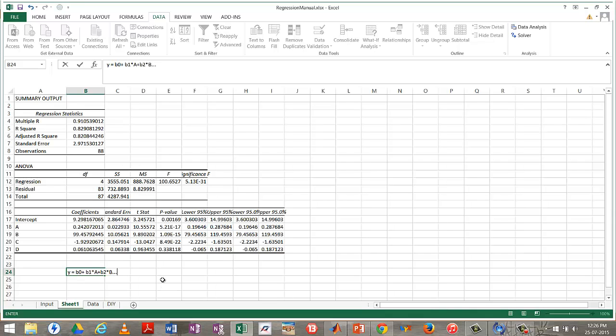That's the functional form that we have, and it goes all the way to C and D. The big question is, what is beta naught, beta 1, beta 2, and that is what these coefficients represent. You can call them beta A times A if you want, but essentially the coefficient corresponding to A is what we're talking about here. And these are the coefficients, these actual values that you see here. Excel has done this regression for you, and it gives you these results.